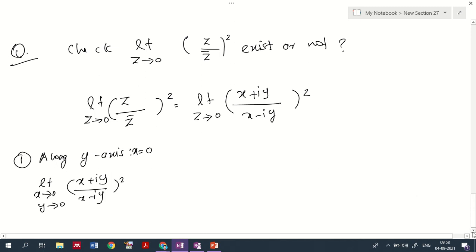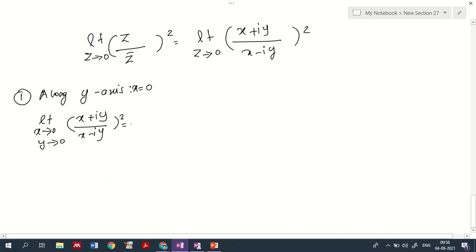So when you apply that, you will have limit y tends to 0, and you have to substitute x equal to 0. So x equal to 0 means you will be getting 0 plus iy divided by 0 minus iy, the whole square.